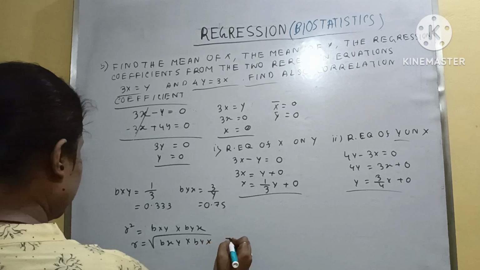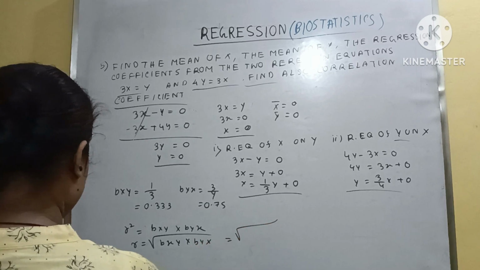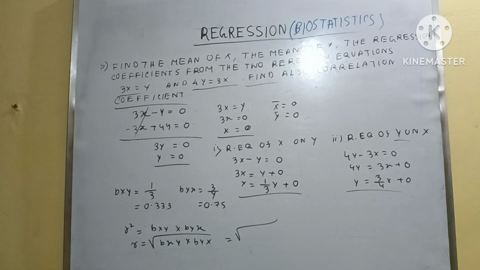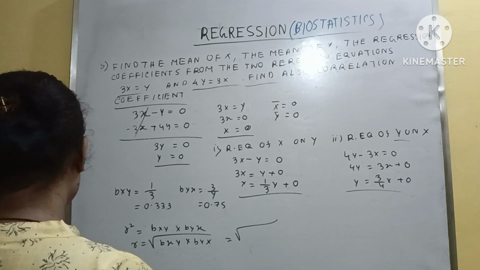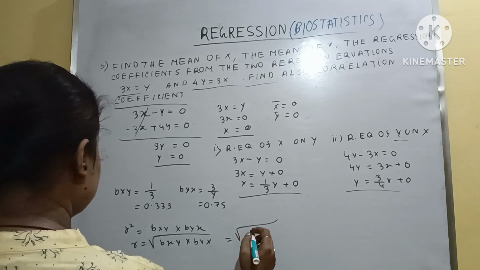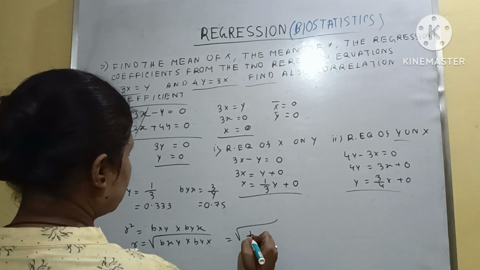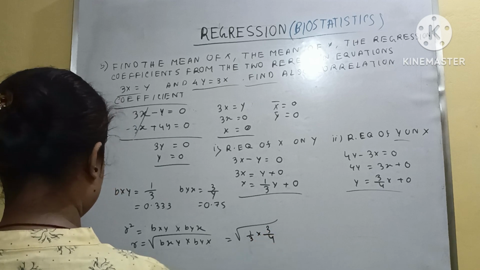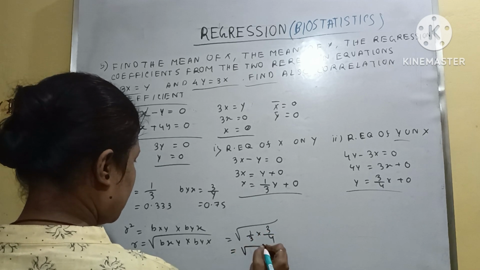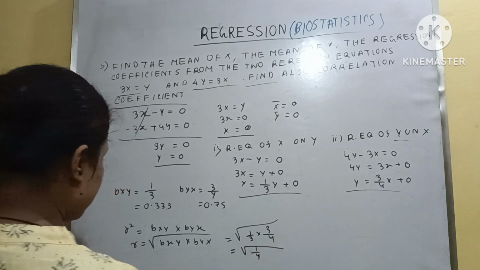Okay, by putting the values, bxy and byx, 1 by 3 into 3 by 4. So here the value is 1 by 4.